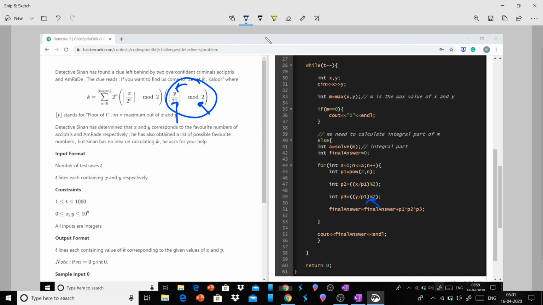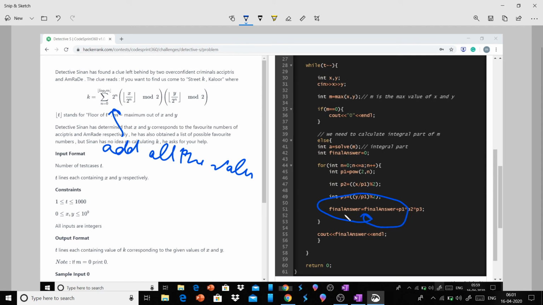And then I need to do the summation, I need to add all the values. So in the end I kept on adding the values again and again. Final answer was the previous final answer plus the new answer which I am getting, and then I did cout final answer.